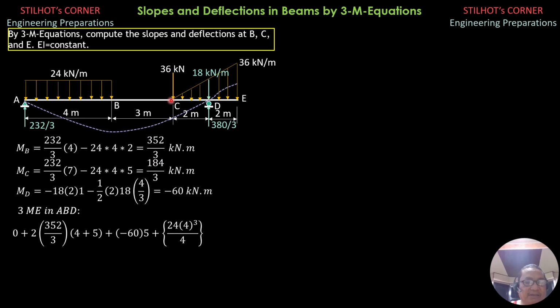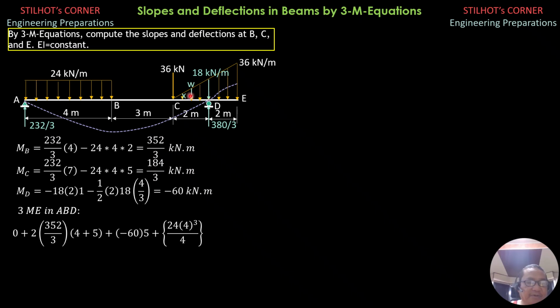So for the concentrated load, it is PB over L, quantity L squared minus B squared, where B is 2. So 36 times 2 over L also, which is 5, quantity 5 squared minus 2 squared for the 36 kilonewton load. While for this triangular load, we have to integrate.